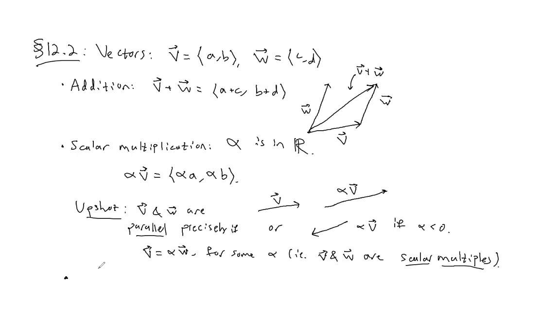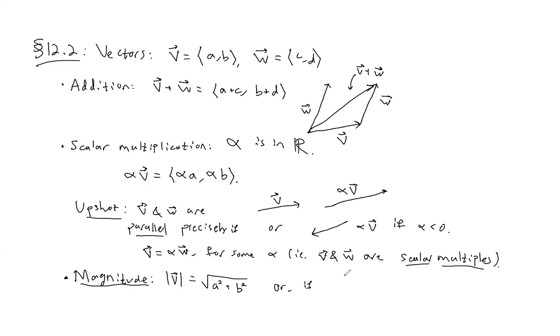Another very important principle that we have here, we've already talked about this a little bit. We can talk about the magnitude of a vector. Again, using the same notation as I did above, that's just the square root of a squared plus b squared, the length in 2 dimensions.